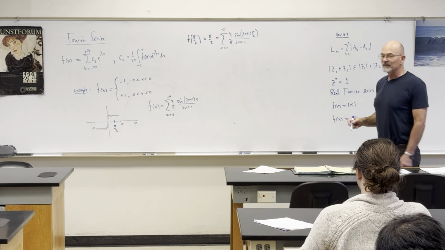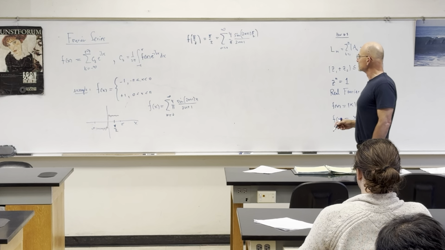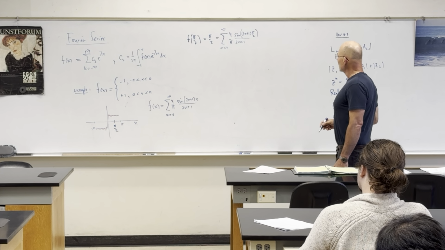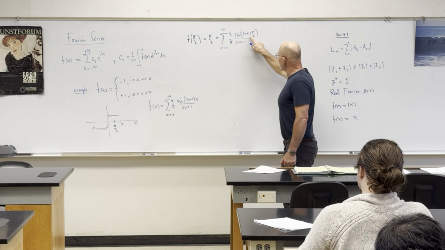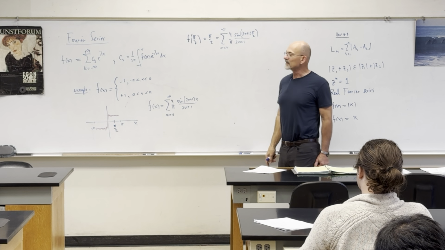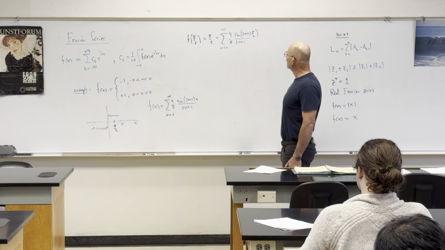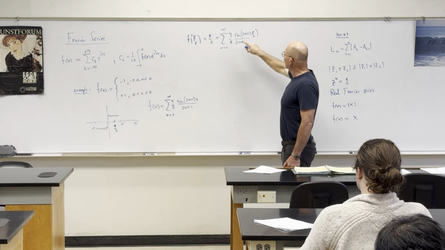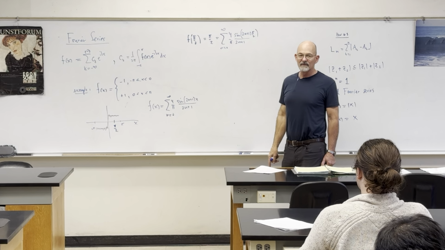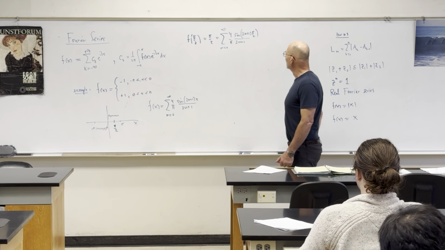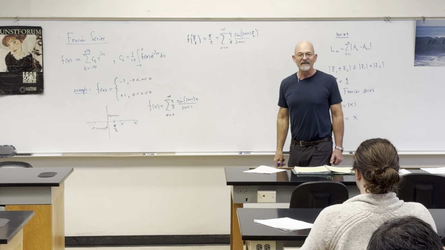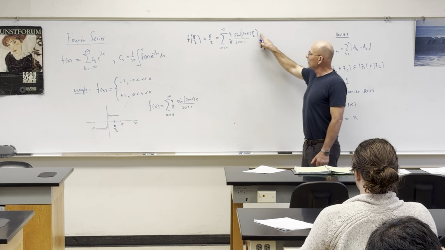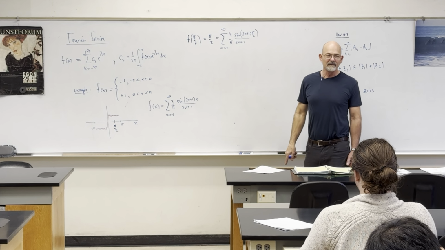So these are all now just numbers. When n is equal to 0, we have sine of pi over 2, which is 1. When n equals 1, we have sine of 3 pi over 2, which is minus 1. When n equals 2, we have sine of 5 pi over 2, which is 1. So we get this alternating series of plus and minus 1s.